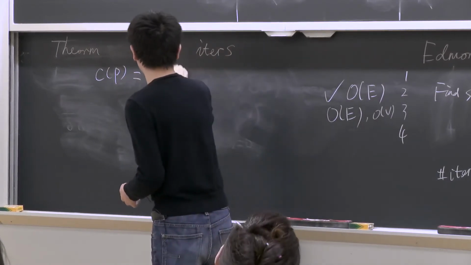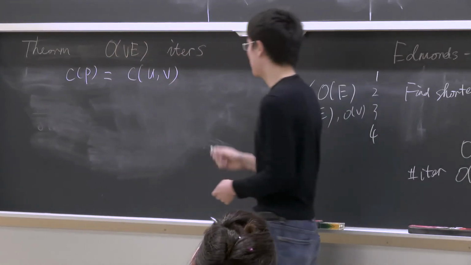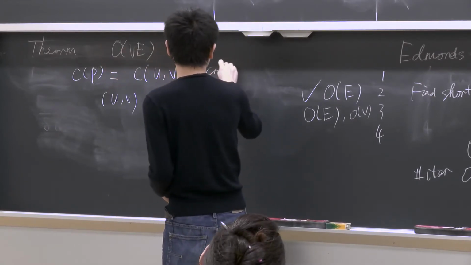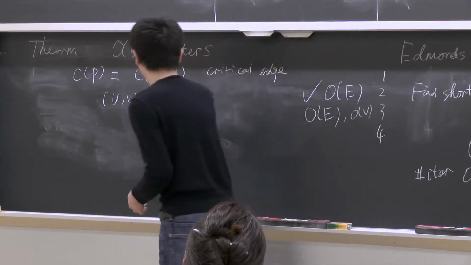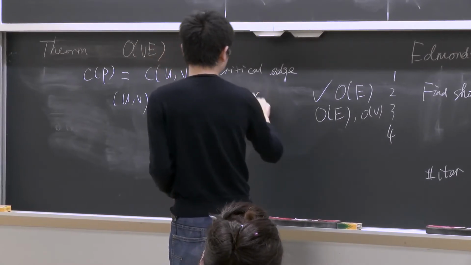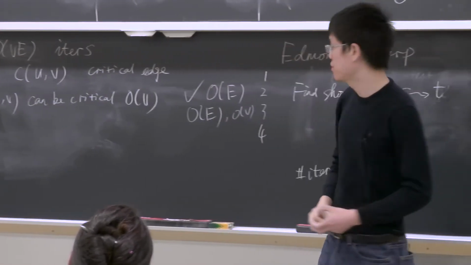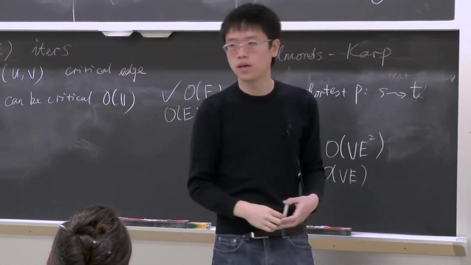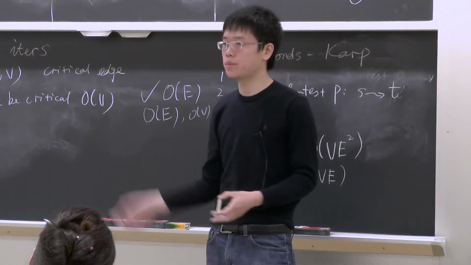We are going to define its weakest link as UV. Okay, and we'll call that the critical edge. We're going to show UV can be critical only V times. If that holds for every edge, then I claim all the edges combined can only be augmented VE times.